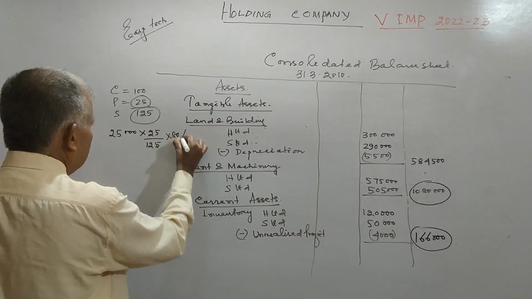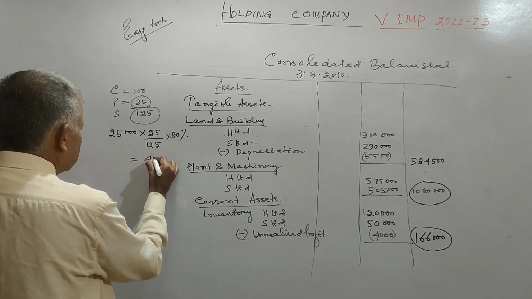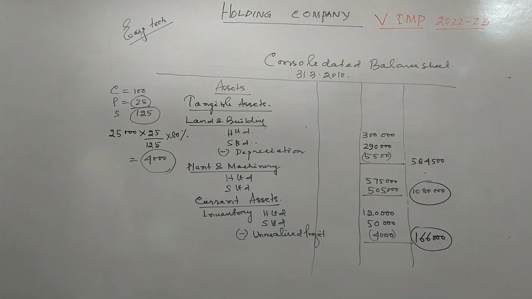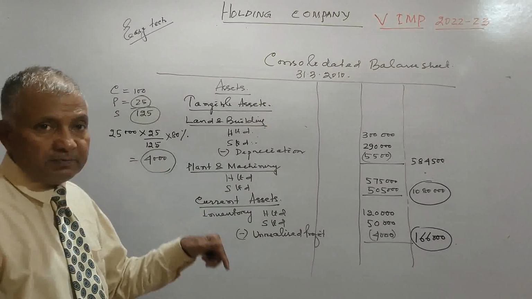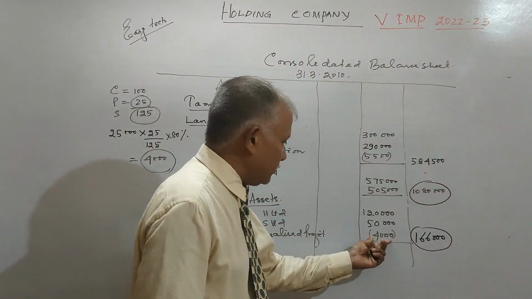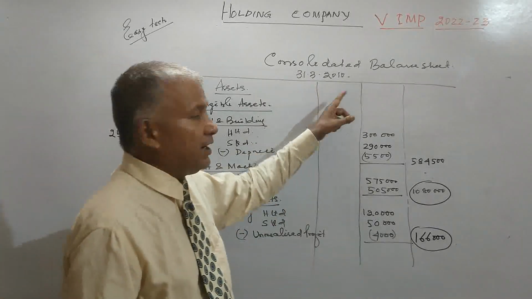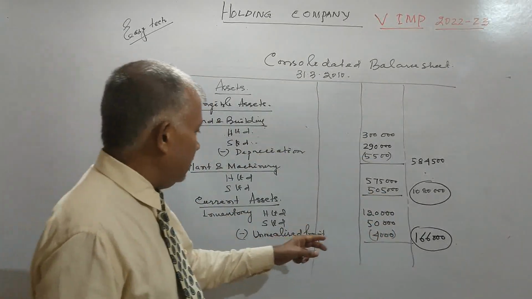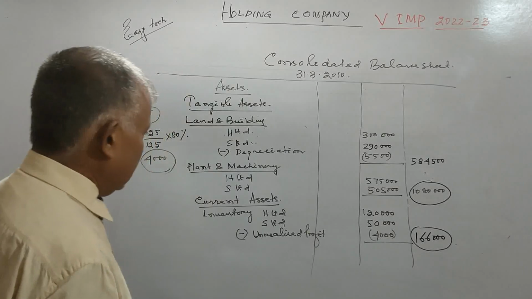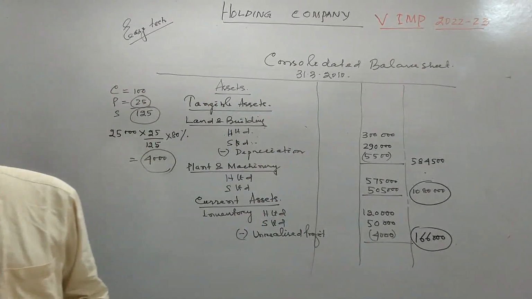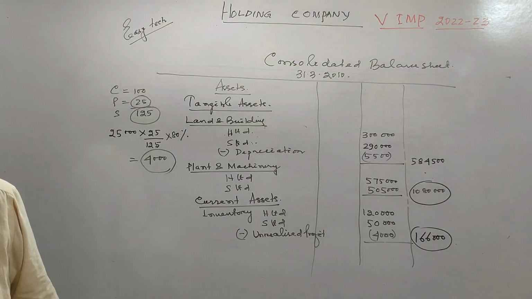We have to take 80%. So the unrealized profit comes to 4,000. This unrealized profit is deducted from the stock. It is also deducted in statement 4 in the holding company PL. Now this comes to 1,66,000, right?